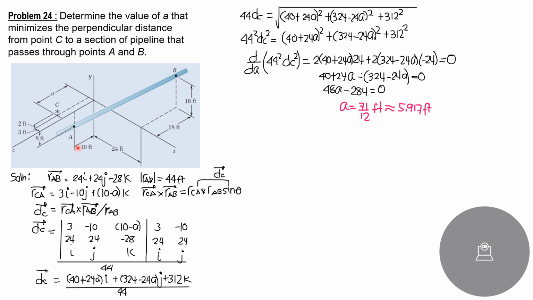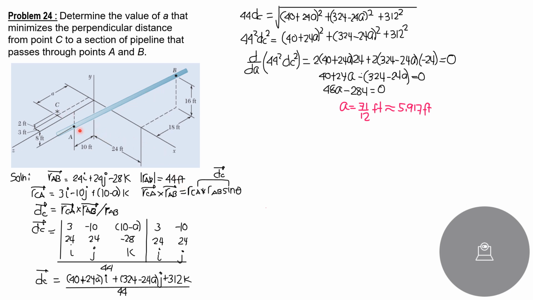Along Y, 8 plus 16, that's also 24, so 24j. Then along Z, backward 10, backward again 18, so that's negative 28k. And the magnitude is the square root of 24 squared plus 24 squared plus 28 squared, that's 44 feet. Or the length of AB is 44 feet.